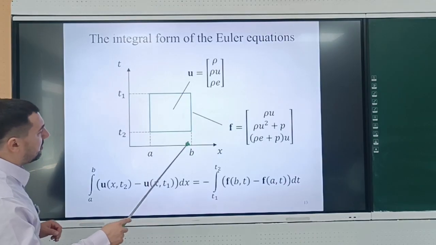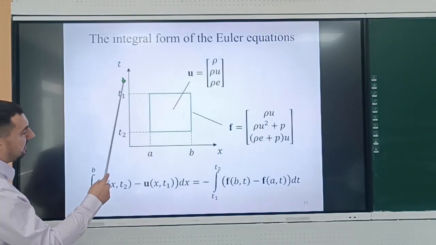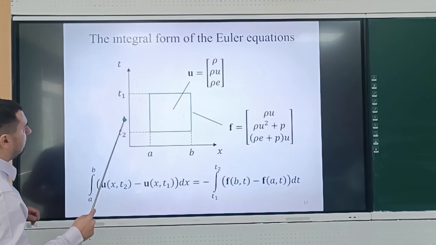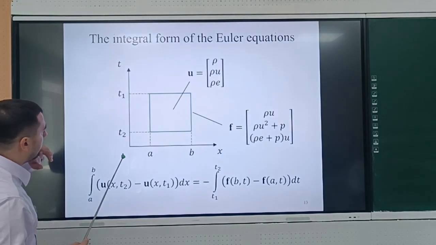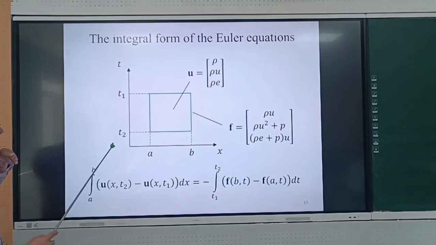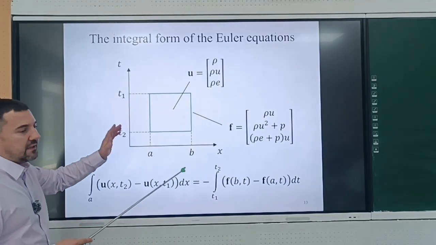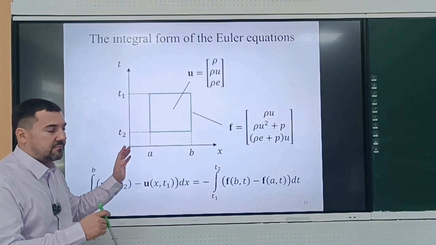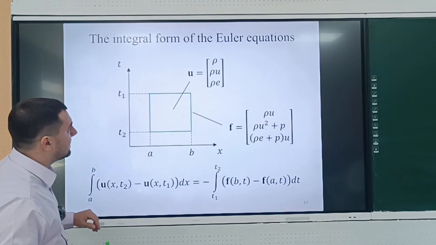We considered the control volume in the space x-t from A, B to T1 and T2. That's an error, misprint. So consider an arbitrary control volume in this space. So A, B and T1 and T2 are just arbitrary coordinates and time instances.